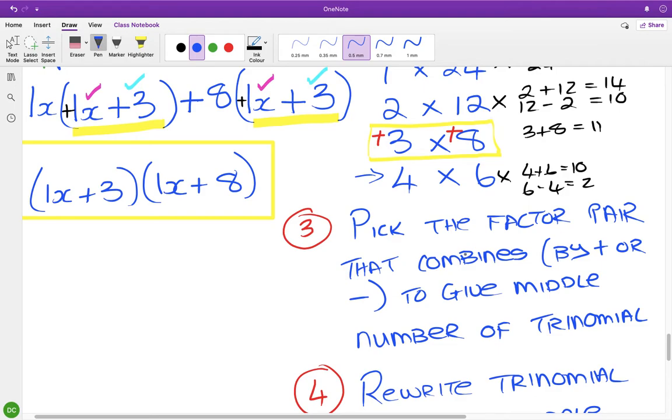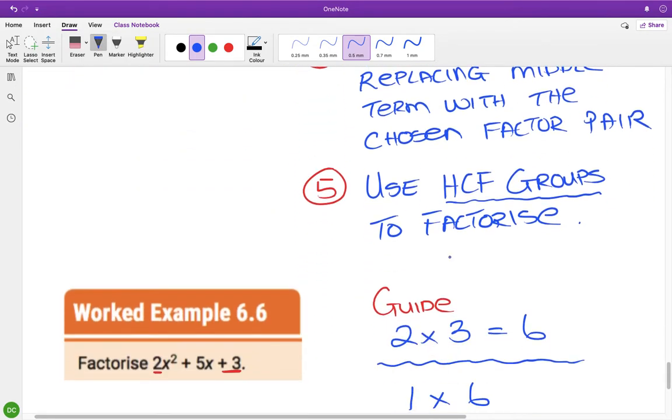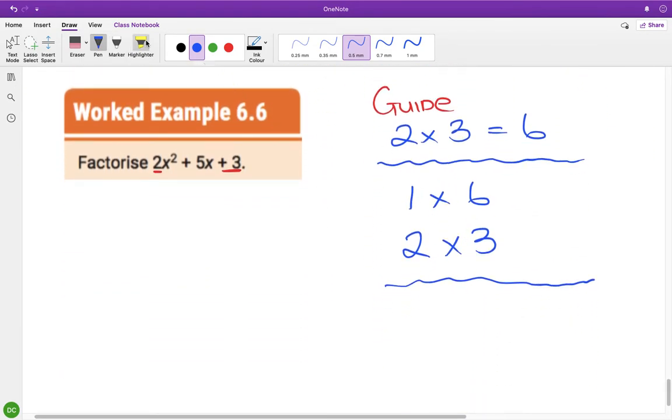So step 3, pick the factor pair that combines to give you the middle number in the trinomial. The middle number in the trinomial here is a plus 5. So I can do 1 plus 6 and get 7, or I can do 6 minus 1 and get 5.